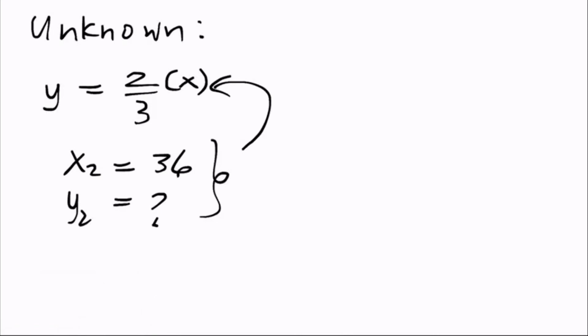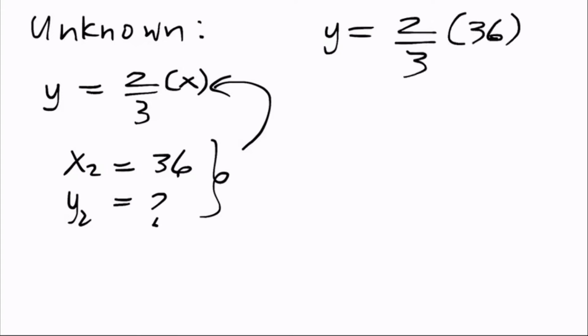Substituting it, y is equivalent to 2/3 multiplied by x, which is 36. Next, solving, y is equivalent to 36 multiplied by 2, which is 72 over 3.